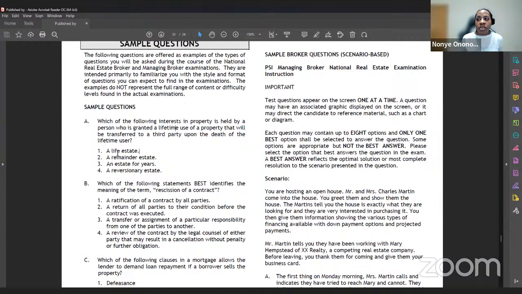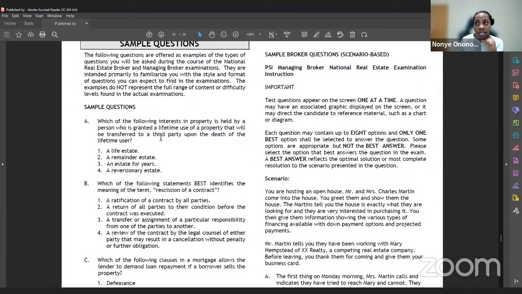A remainder estate in this question will be the third party. The third party is waiting for the lifetime user to pass away, and then they get ownership of the property. So at this point, they have a remainder interest in the property. They get what's remaining after this person passes on.